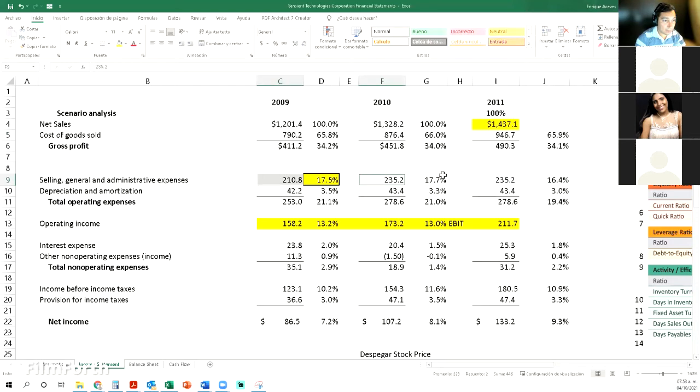Imagine if the level of expenses stays the same as the previous year, which is not that common. What is common is that prices increase due to inflation, and you have to increase salaries at least, no? The salaries increase at least by an inflation component. Otherwise, your employees are losing purchasing power.